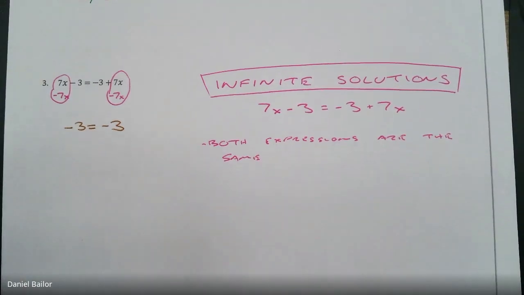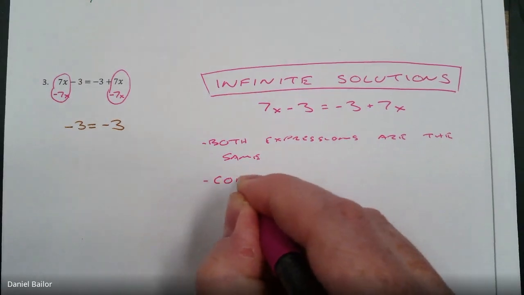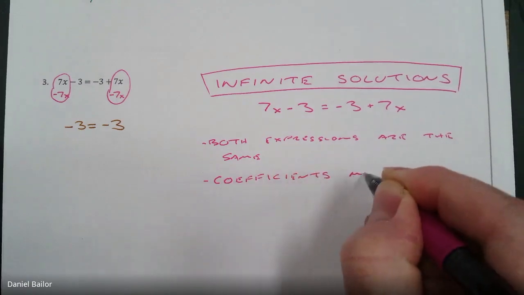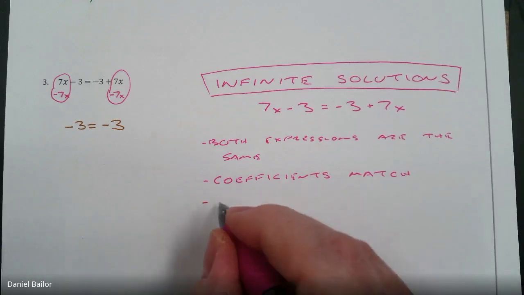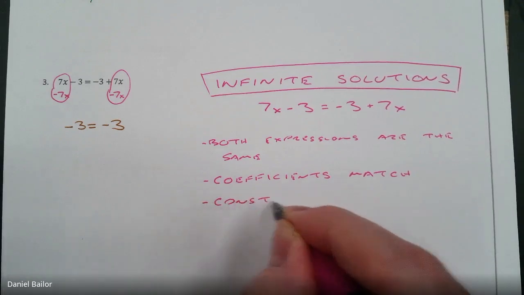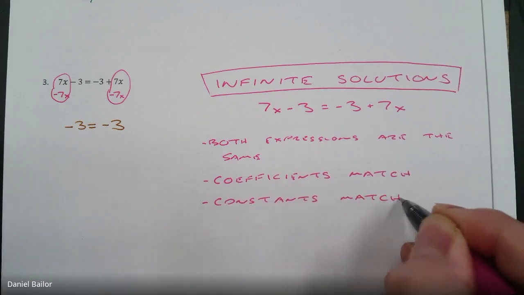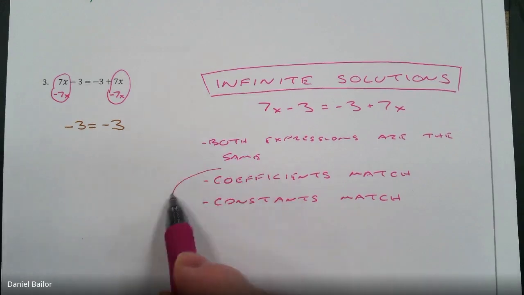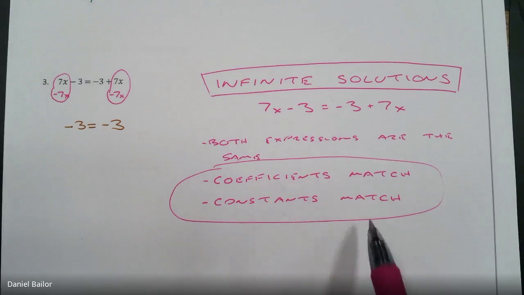What this means is coefficients match and the constants match. There we go. That's the infinite. That's how we find infinite solutions. When the coefficients match and the constants match, that means there are infinite solutions.